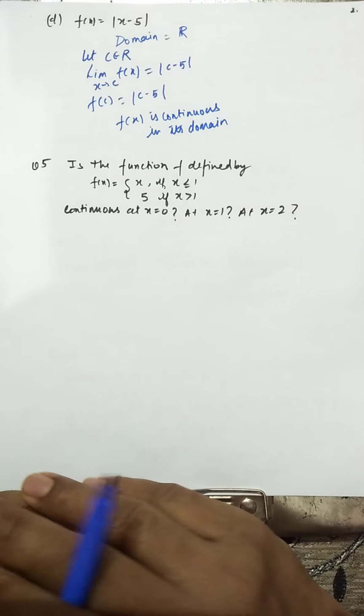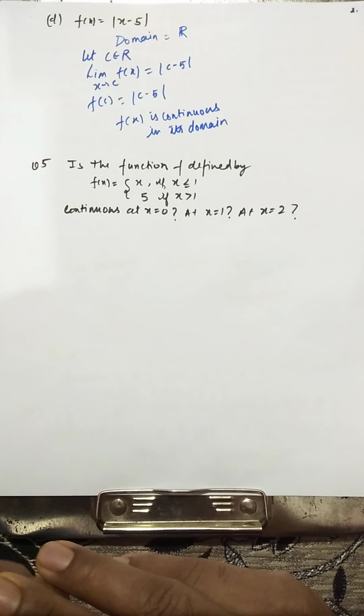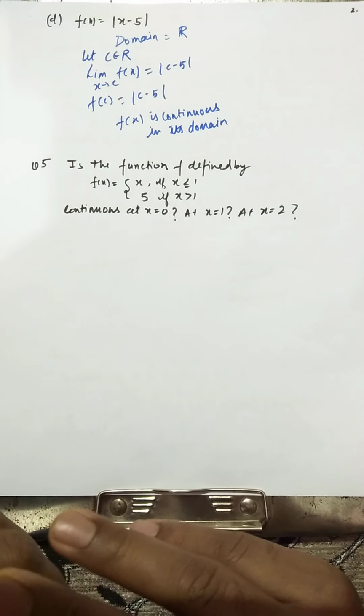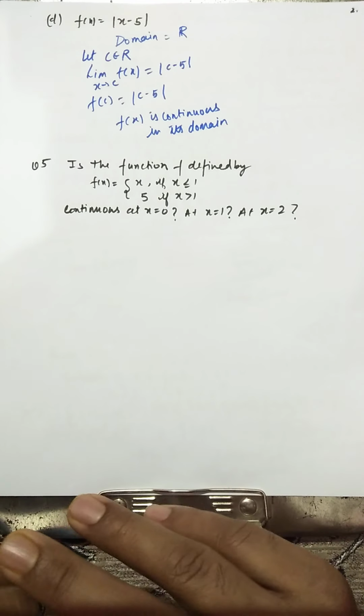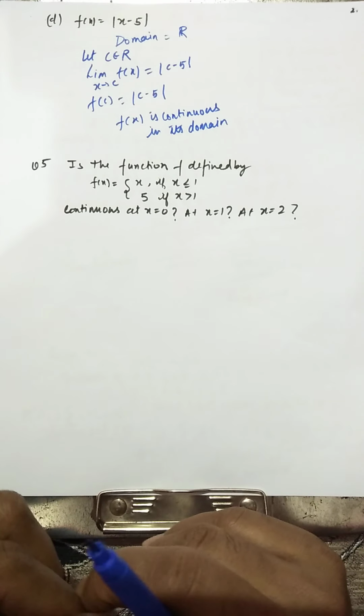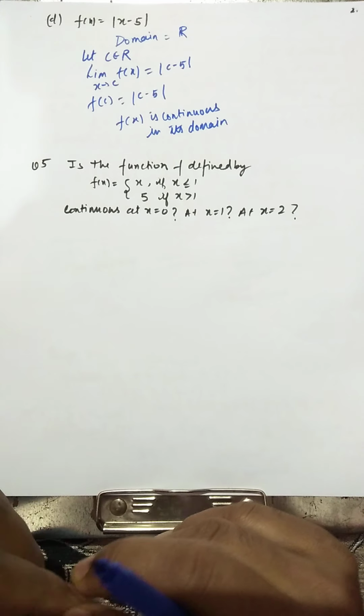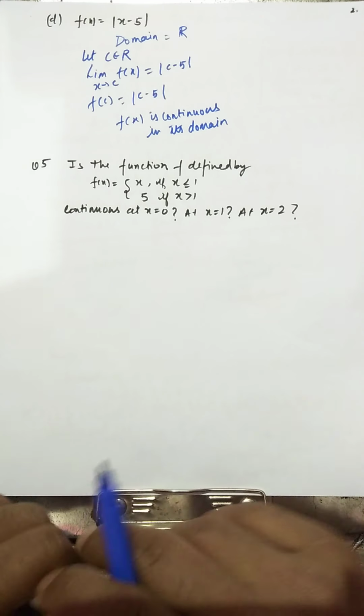Now you have done left hand limit and right hand limit in class 11th, so you can use that concept, or you can do this directly. You have to keep in mind all the methods. I am doing this with the simple method, and the next question will be discussed with left hand limit or right hand limit that you've done in class 11th.